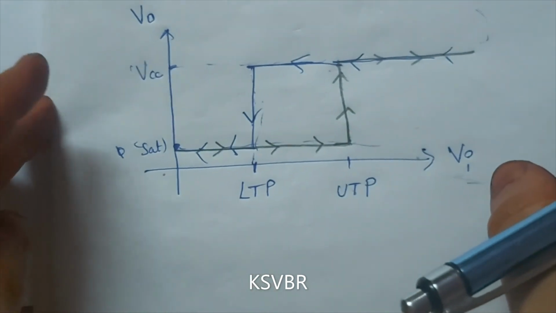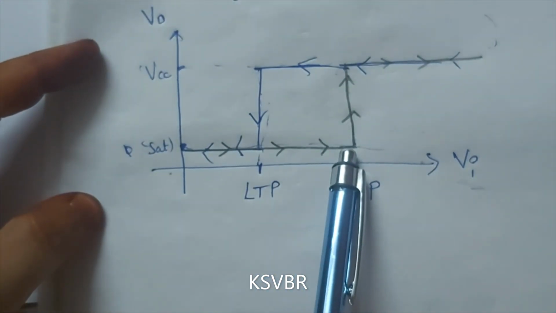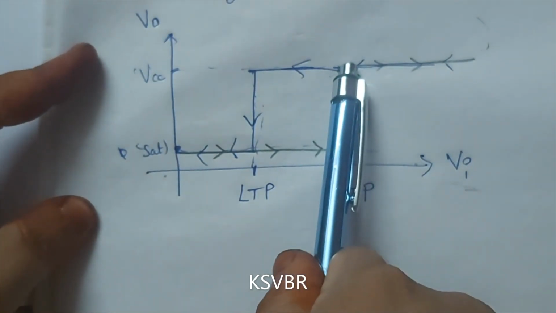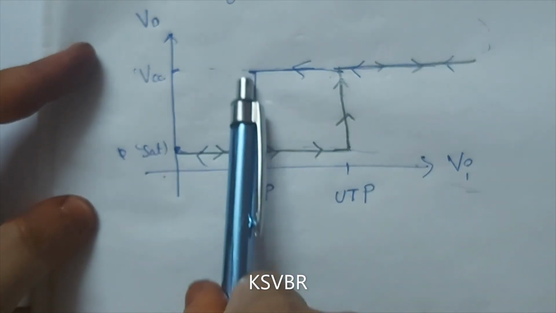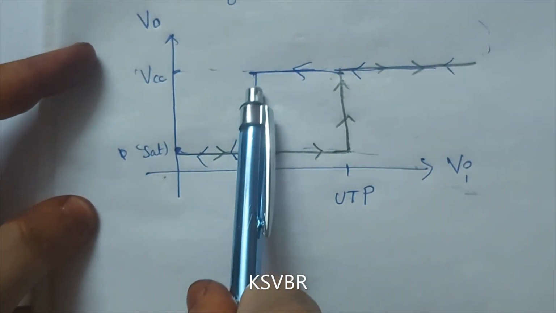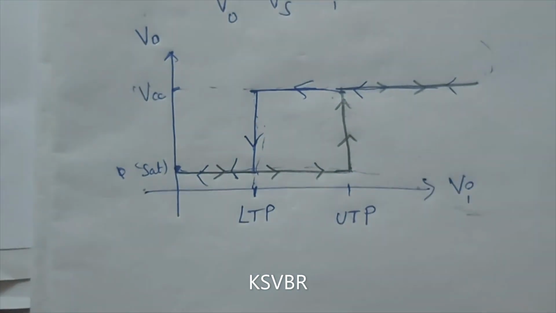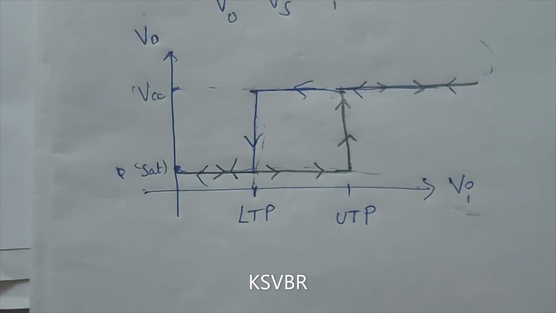Observe clearly. Till UTP, it did not change its state and it went like this. When the input is decreased, it changed its state at LTP and reached the saturation level. This is the hysteresis of Schmitt Trigger.